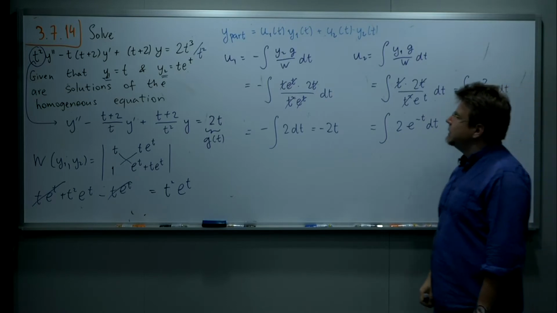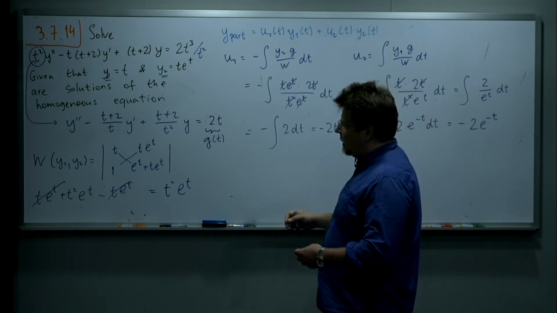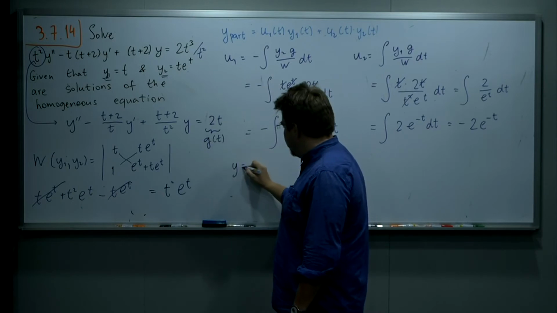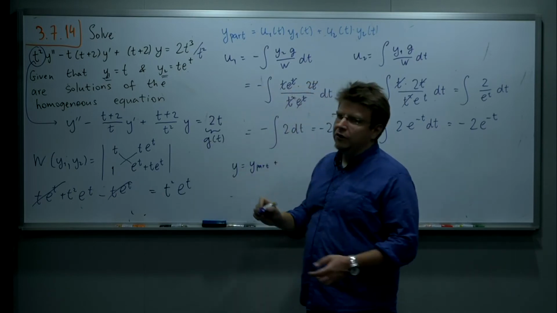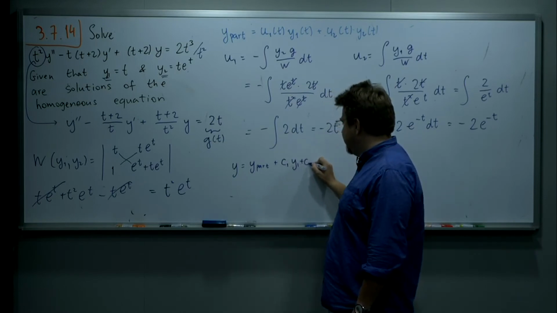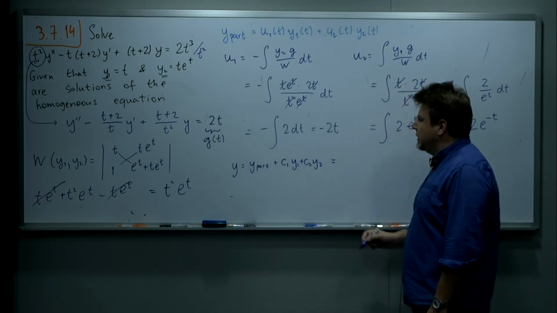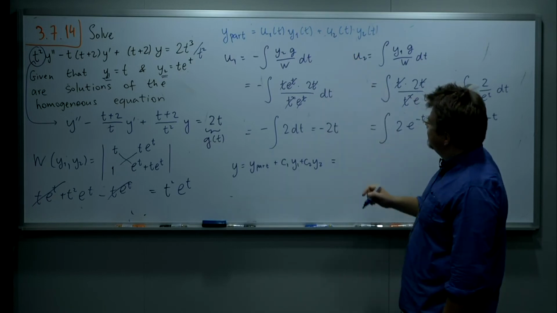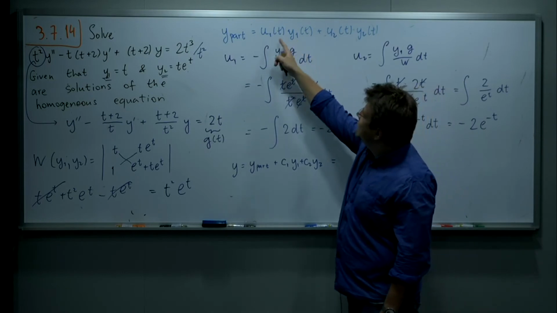Alright, so now our final solution is going to be, y is going to be our particular solution plus the general solution of the homogeneous equation, which is c1 y1 plus c2 y2. Okay? So let me write the particular solution in this form. So we have y1 and u1.